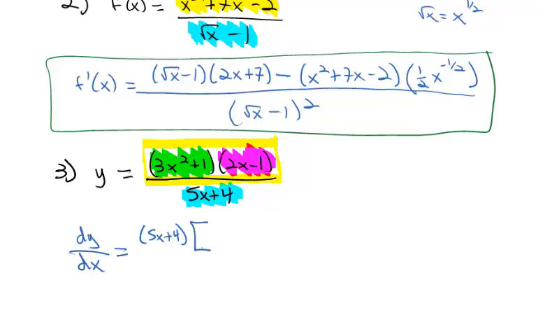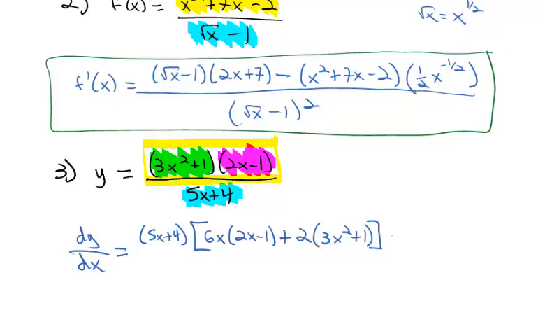So in square brackets, to keep it all together, the top is the derivative of the first, 6x, times the second, 2x minus 1, plus the derivative of the second, which is 2, times the first, which is 3x squared plus 1. Notice inside those square brackets was just the product rule as we took the derivative of that product.